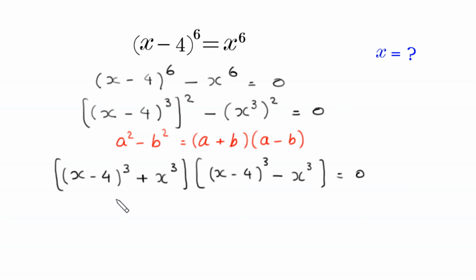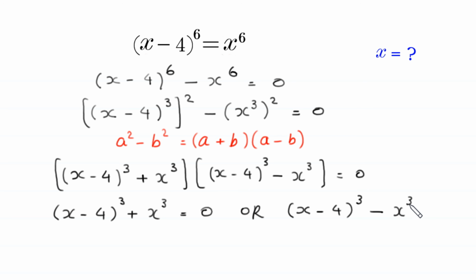Now from here either this expression (x − 4)^3 + x^3 is equal to 0, or this expression (x − 4)^3 − x^3 is equal to 0.